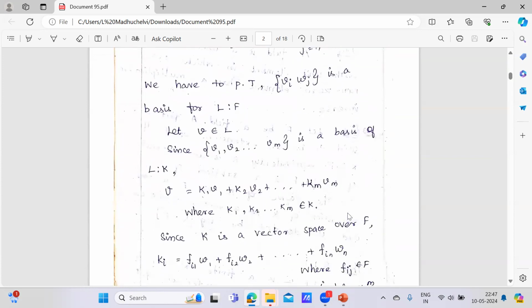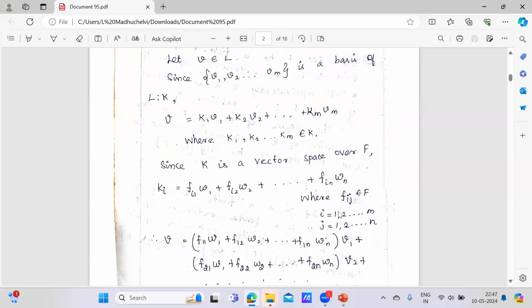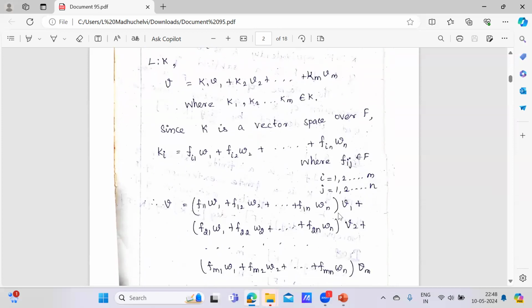For that, let us take an arbitrary element V belongs to L. Since V1, V2, etc. Vm is a basis of L over K, V equals K1 V1 plus K2 V2 plus etc. plus Km Vm, where K1, K2, etc. Km belong to K. Since K is a vector space over F, Ki equals Fi1 W1 plus Fi2 W2 plus etc. plus Fin Wn, where Fij belongs to F for every i and j.